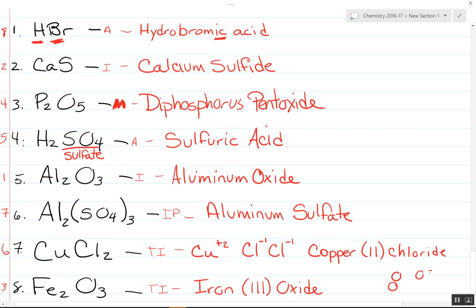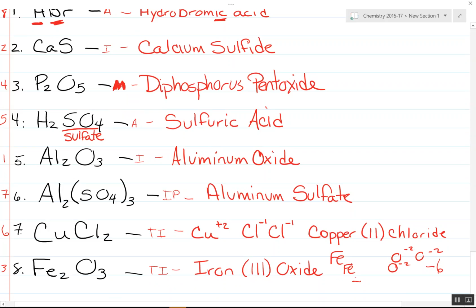They all have -2 charges. And you have 2 irons. Our total negatives are 6, so we need a total positive of +6, so each iron has to be +3.